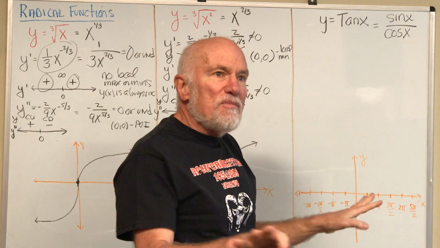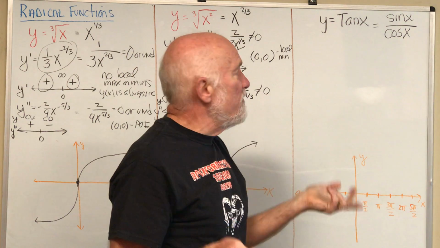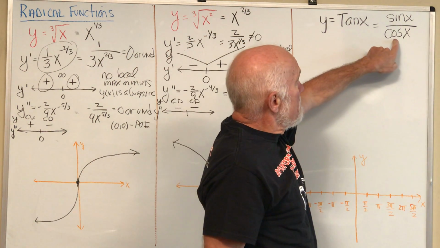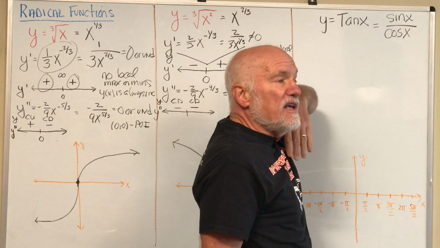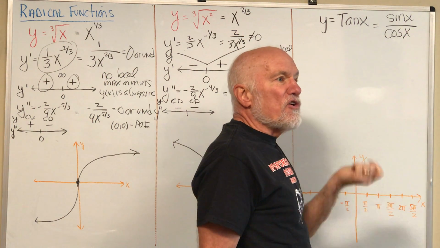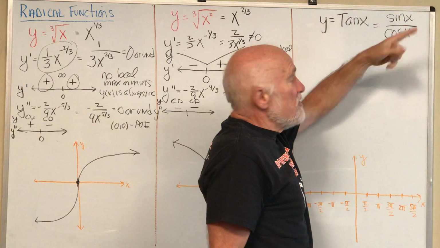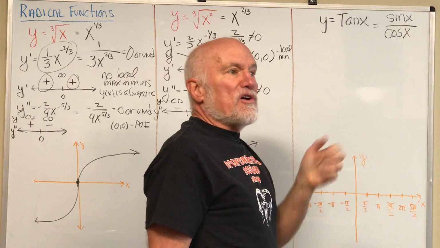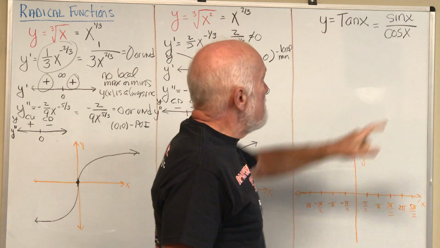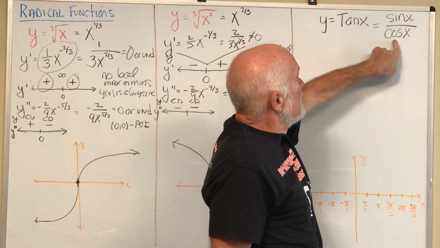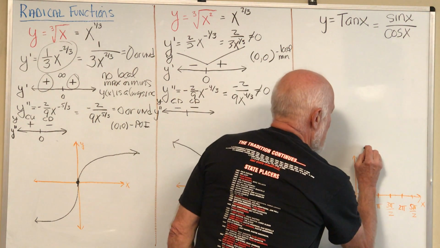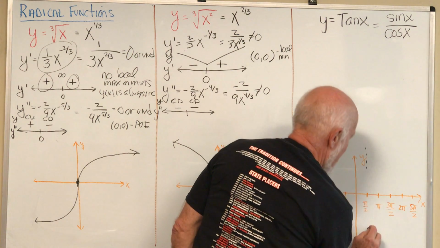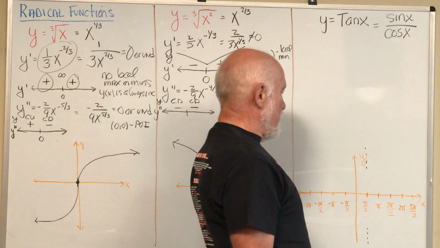It's not going to have end behavior asymptotes like rational functions, but you are dividing by a function. And if that function is ever 0 and the numerator is not 0, you're going to have vertical asymptotes. So what makes the cosine 0? Well, pi over 2 does. So we know x equals pi over 2 is going to be a vertical asymptote.